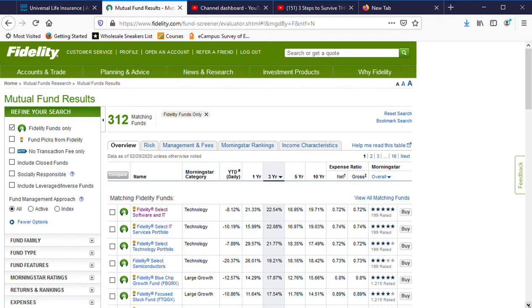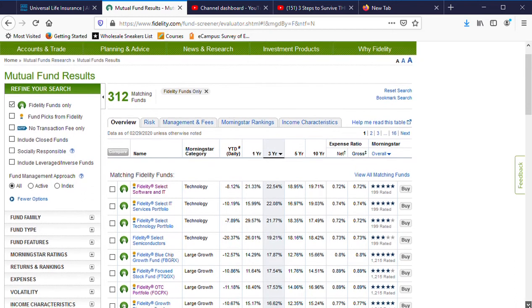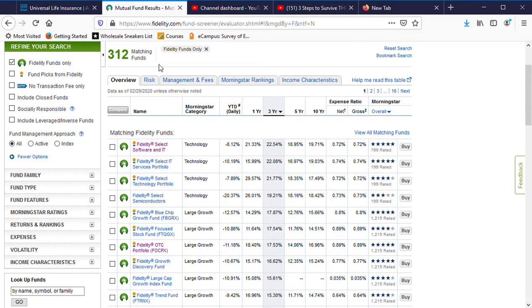And here, guys, is something that I want you to pay attention to. There are 312 matching funds that we could take a look at, that we could purchase if we choose to. Now, remember earlier when we looked at the mix that they have with technology, you got large growth, you got small cap, and all those things.